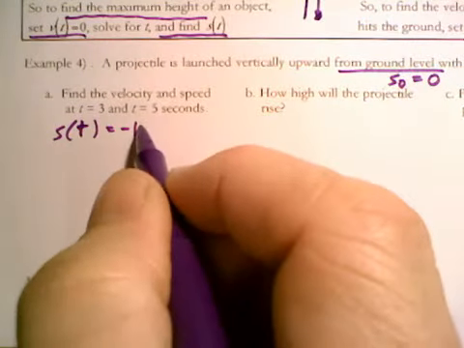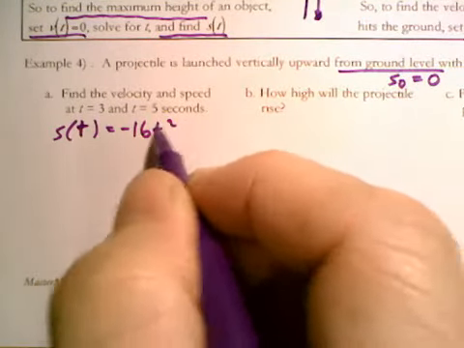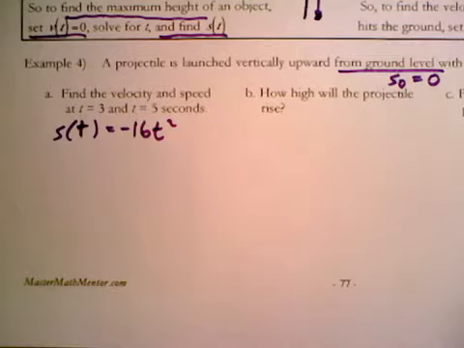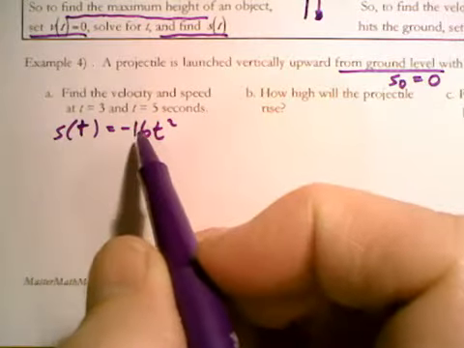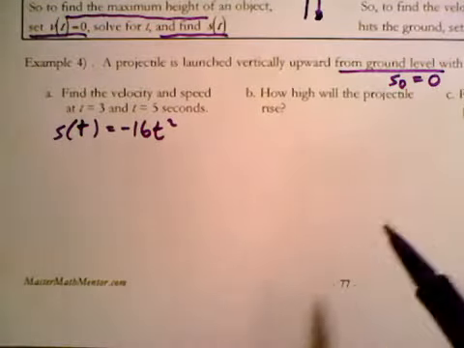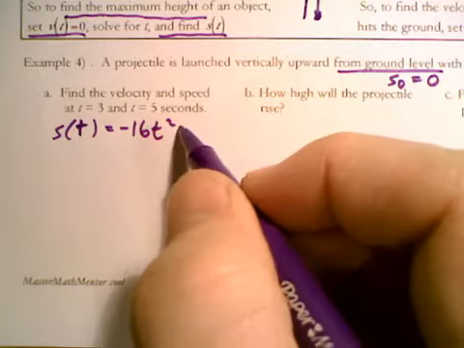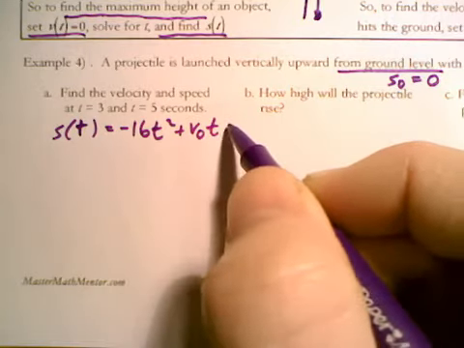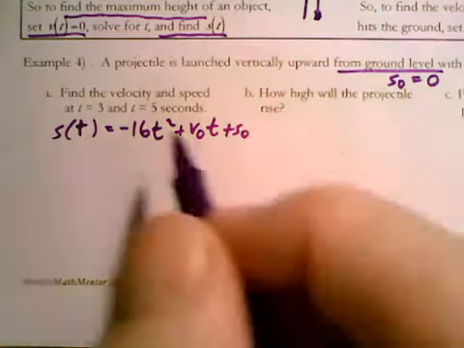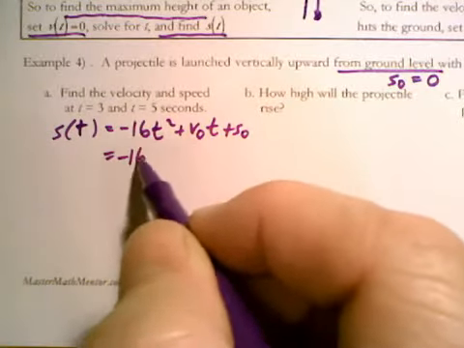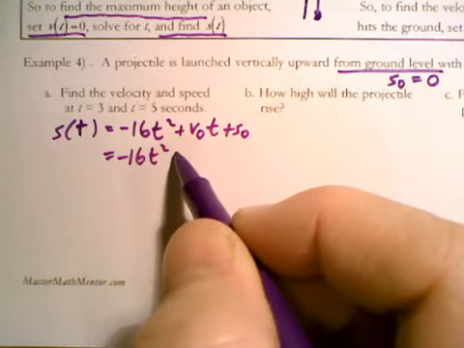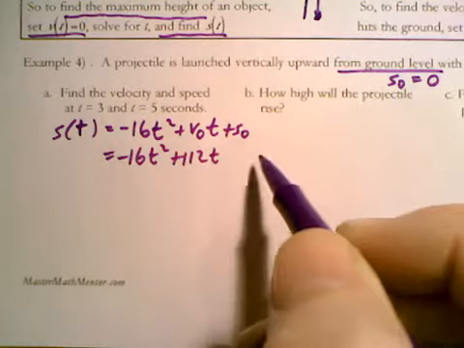Position function is always negative 16t squared, and it's negative 4.9 if by chance we're dealing with meters per second. But in this case it's feet per second. So negative 16t squared plus v sub 0 t plus s of 0. And so we just defined v sub 0 as being 112 and s of 0 is 0.